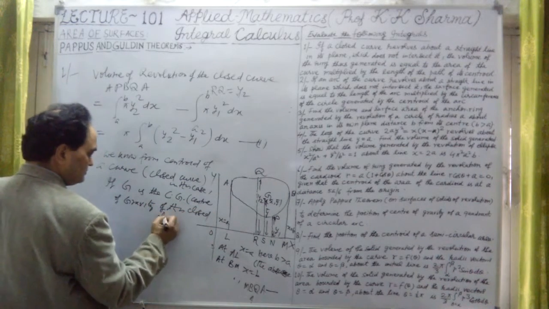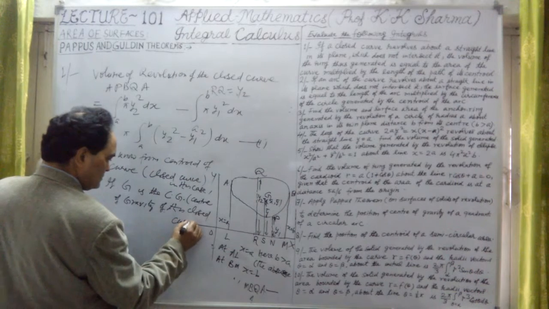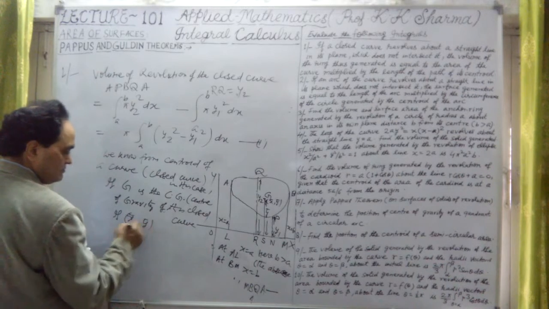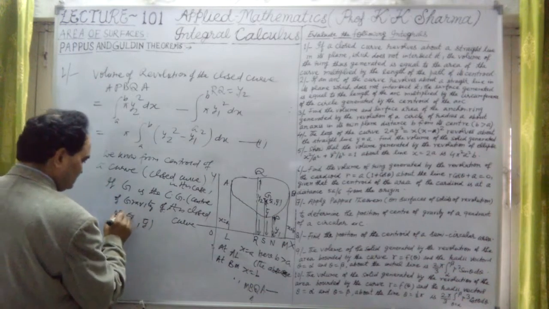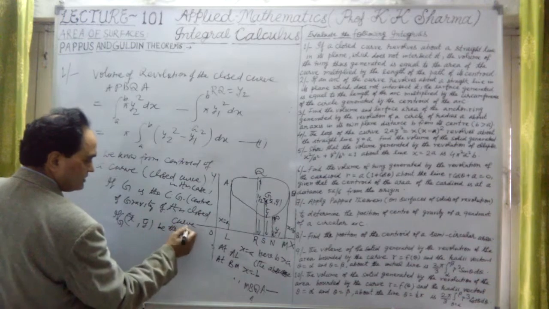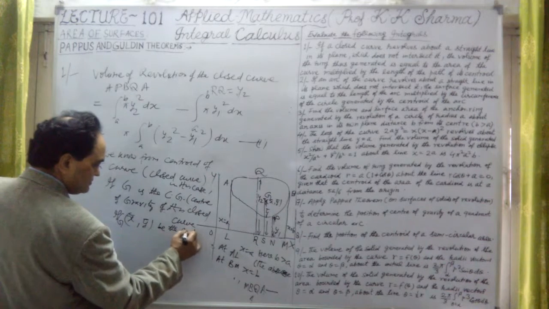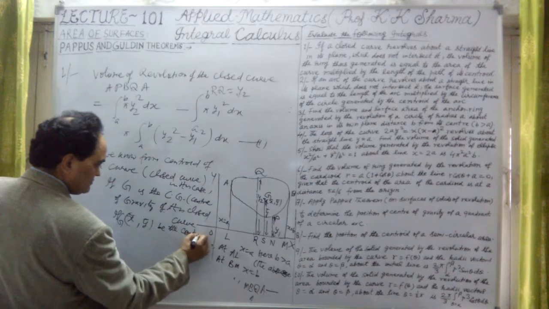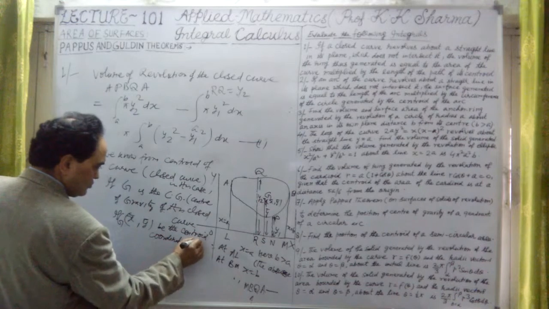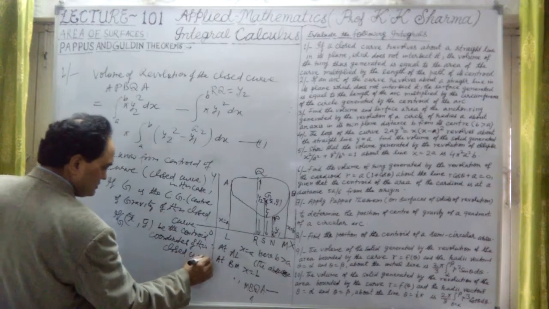and if x bar, y bar are the x coordinate and y coordinate of this center of gravity G, you can say these are the centroid coordinates of this closed curve, then what do we know?